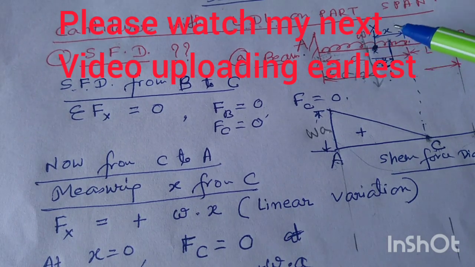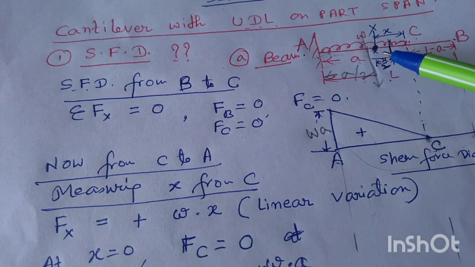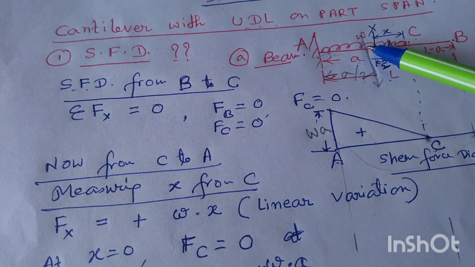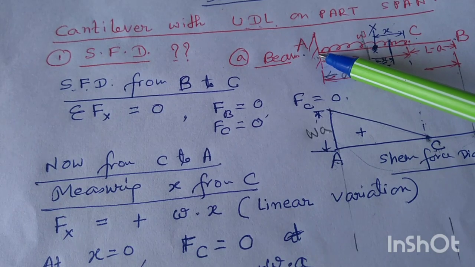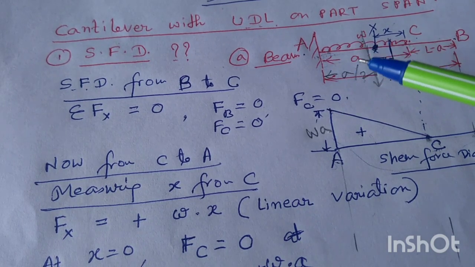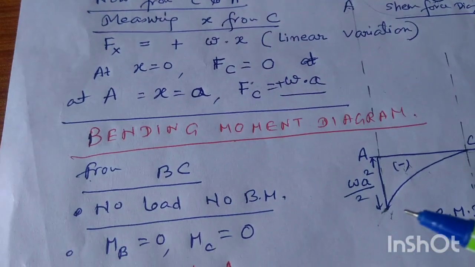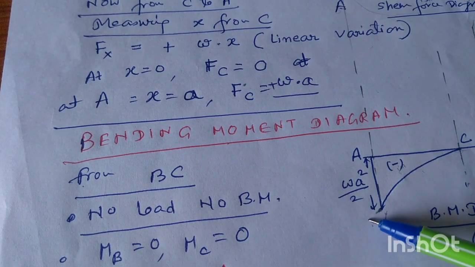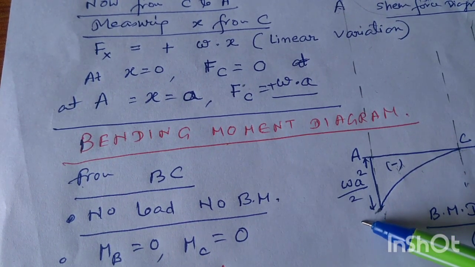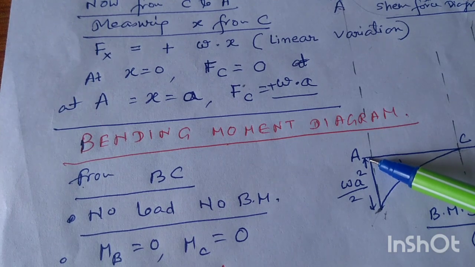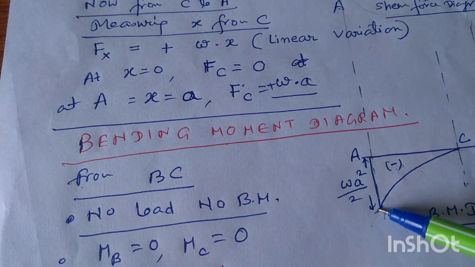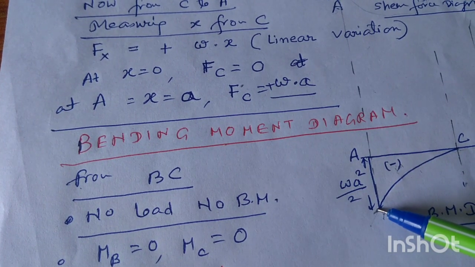Then W into A into distance from here to here is A by 2. This will give you WA square divided by 2. This is the quantity of bending moment developing at the end support A.